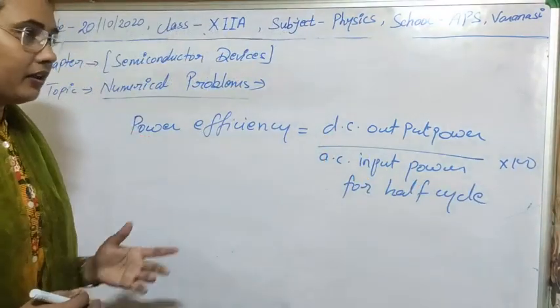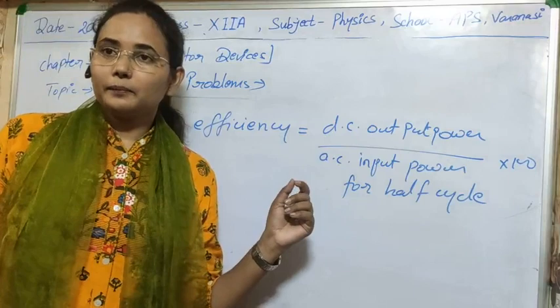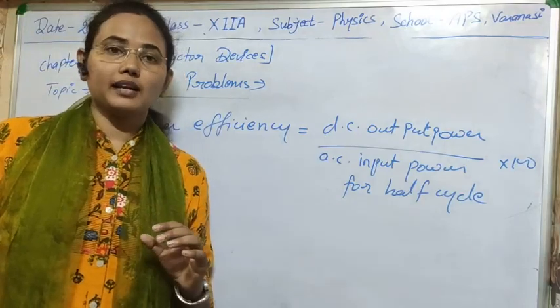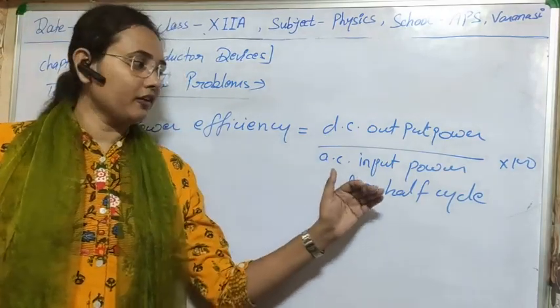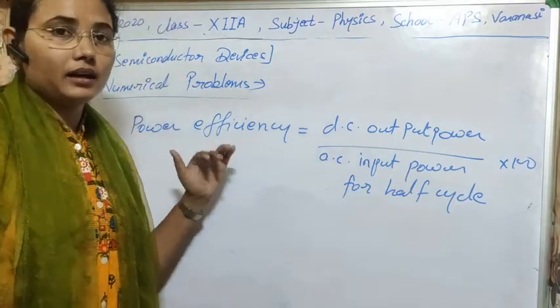The difference between power and rectification efficiency is that in a half wave rectifier, only for half cycle of the signal we obtain the output power.